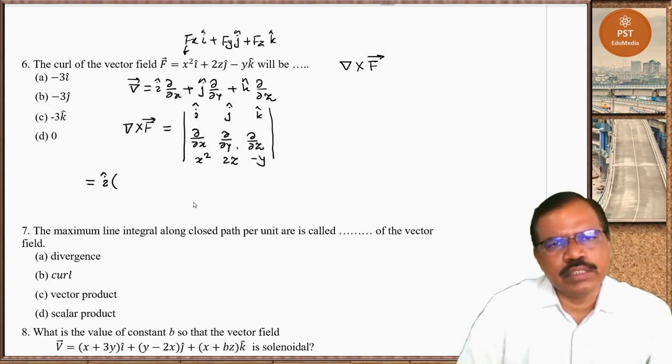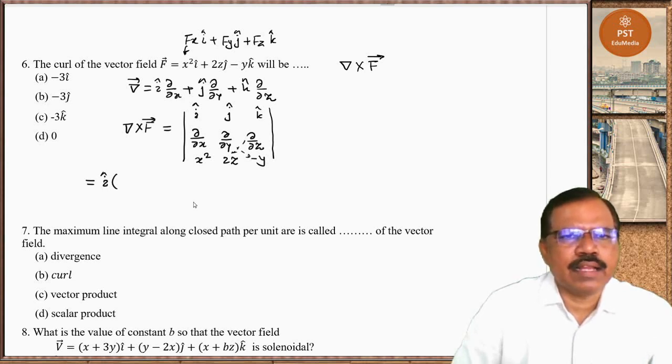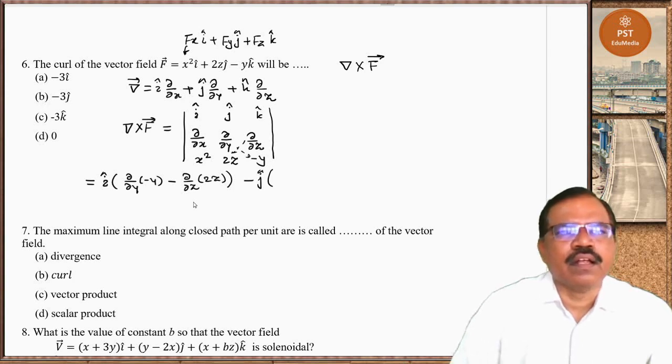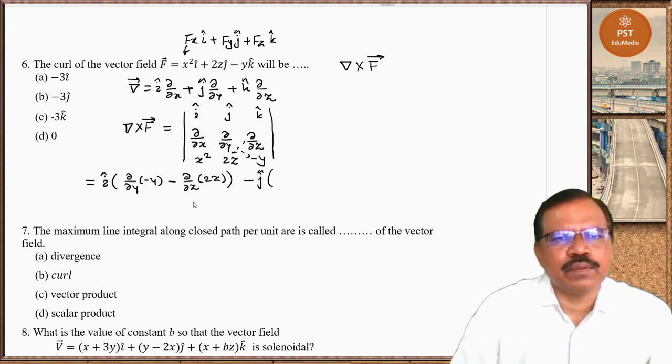Now we have to use these two: del by del y of minus y, minus del by del z of 2zy, minus j. Now we have to use this with this and this with this.